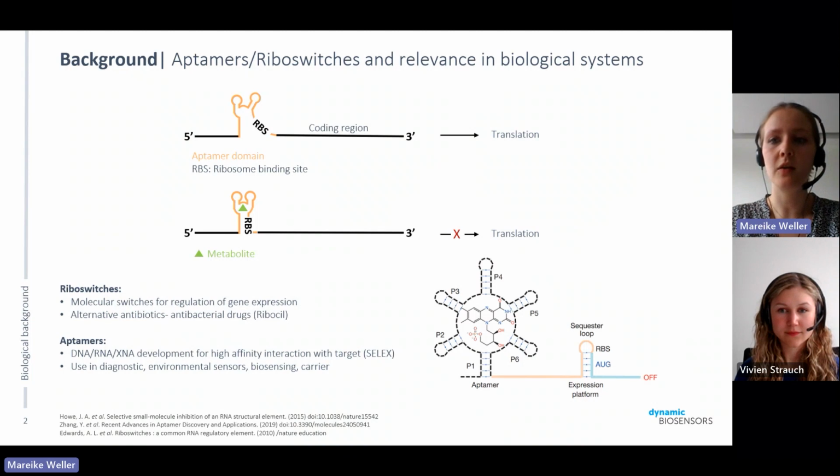These aptamers can then consist of DNA, RNA, or even synthetic bases. They are used very heavily in diagnostics, but also as environmental sensors, biosensors, or even carriers. And today we will focus on small molecule screenings against these aptamer domains.